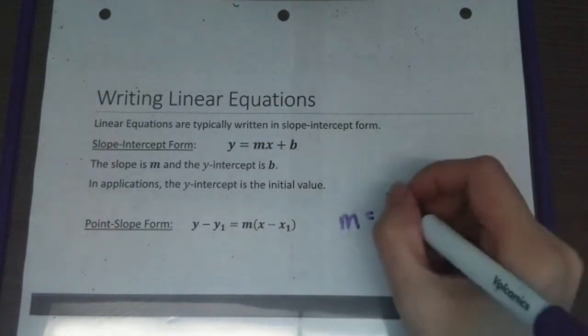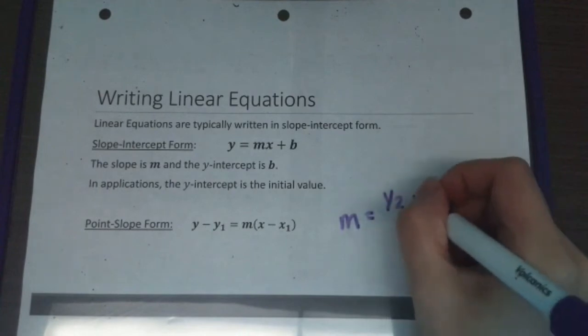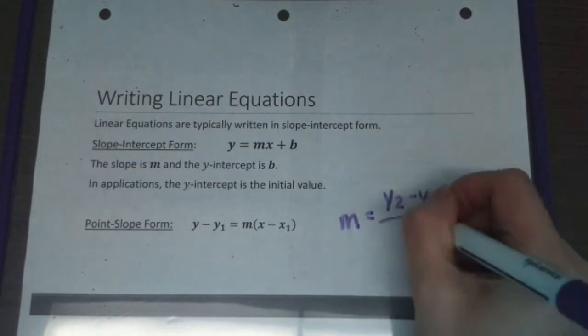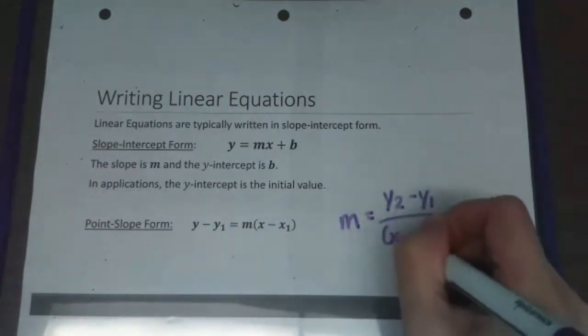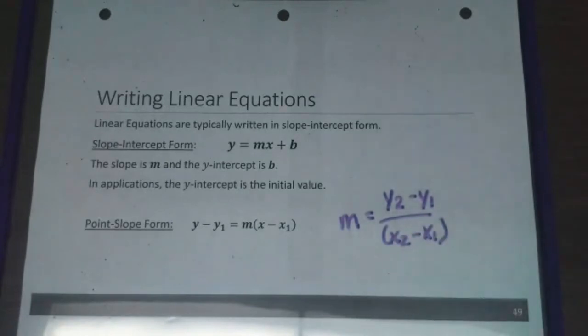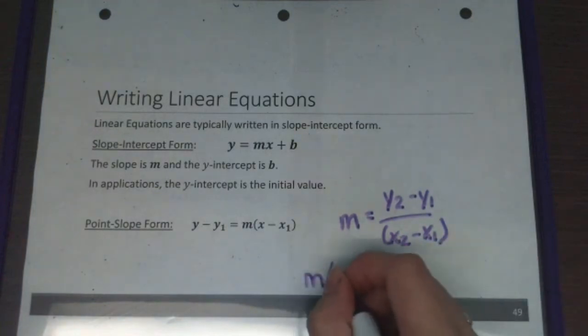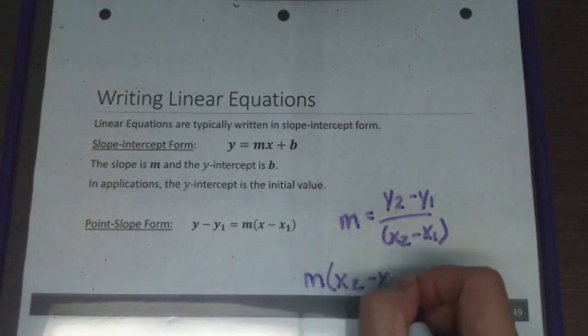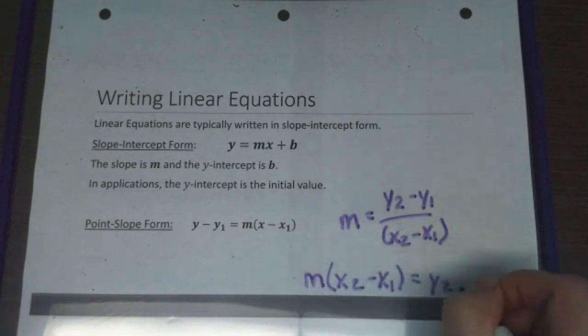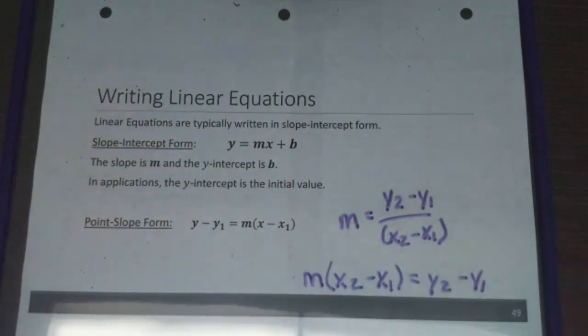Our formula for slope is m equals y2 minus y1 over x2 minus x1. If I multiply both sides of this equation by x2 minus x1, we'll have m times x2 minus x1 equals y2 minus y1.